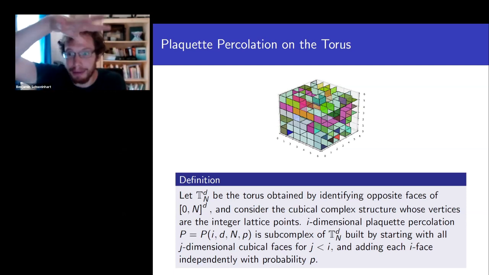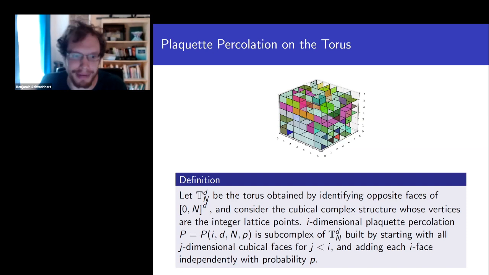And then we identify opposite faces, and that gives us a flat D-dimensional torus. And then this has a natural cubical complex structure, given exactly the same way as the cubical complex structure we saw in plaquette percolation on Z^D last time, which is we have this cube. It has these integer lattice points, and you can use that to break it down into N^D unit cubes. But as you can see here we just have some of the plaquettes from the cubes.